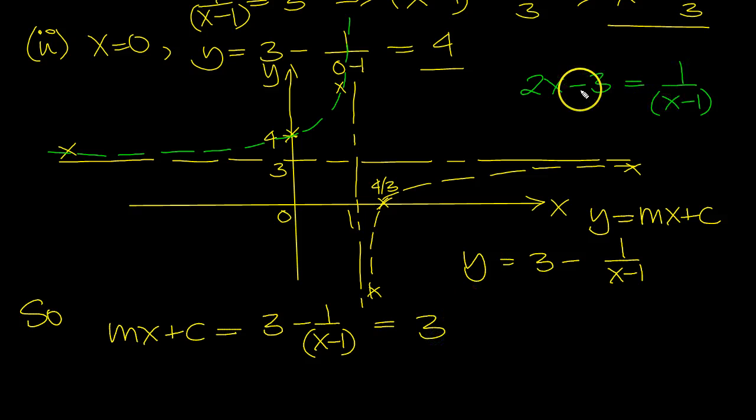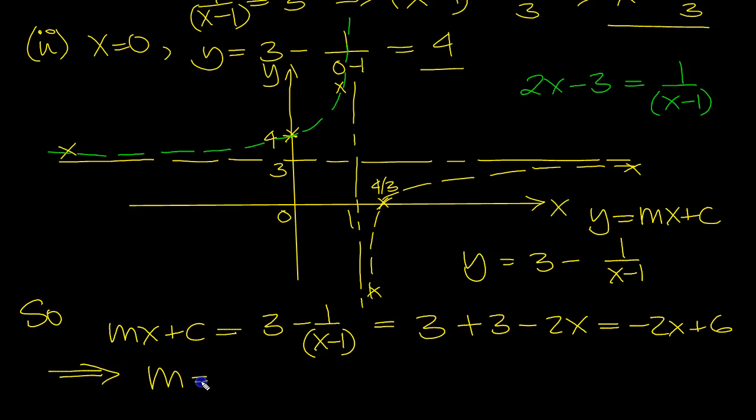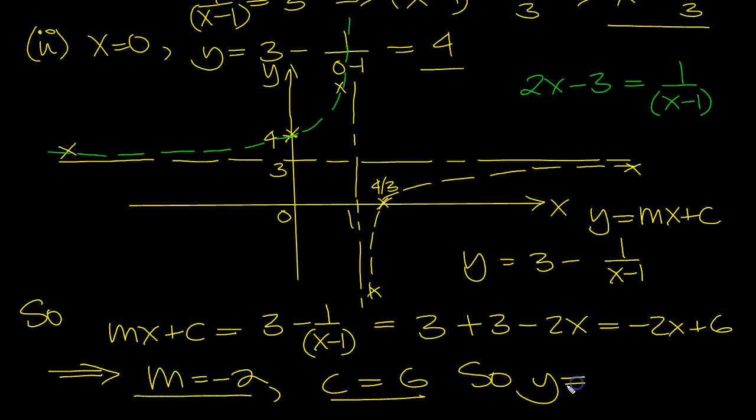So minus this will equal minus this, so it will be 3 minus this, which is plus 3, minus 2x. So that's equal to minus 2x plus 6. That tells us then that m is equal to minus 2 and c is equal to 6. So y is equal to minus 2x plus 6 is the equation of the line L.